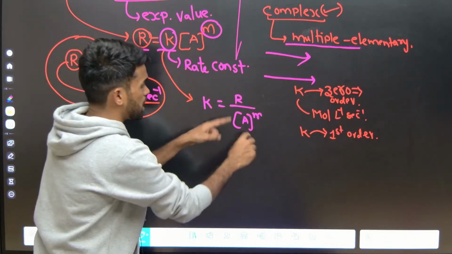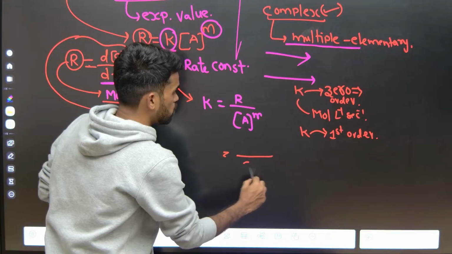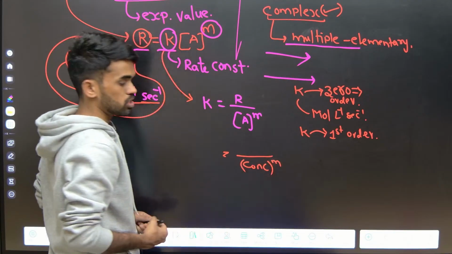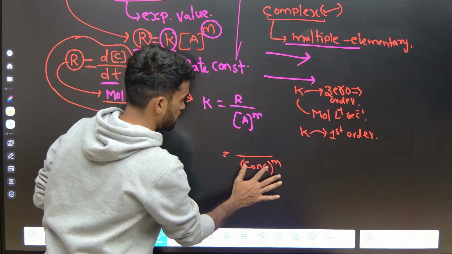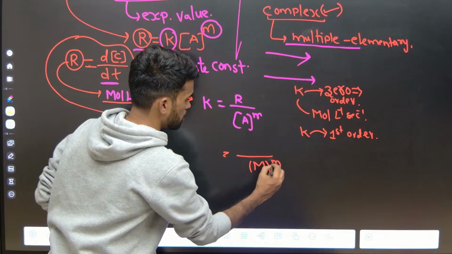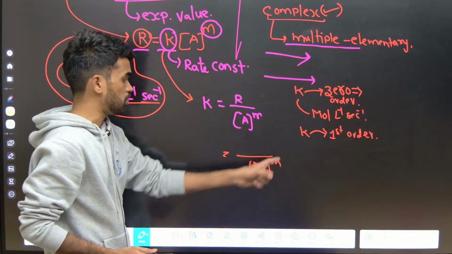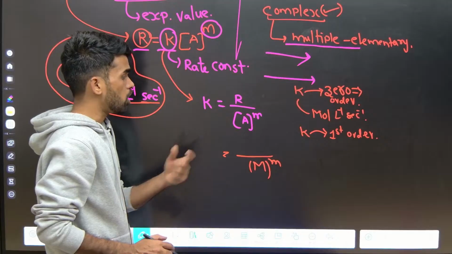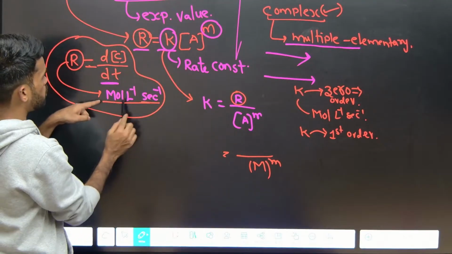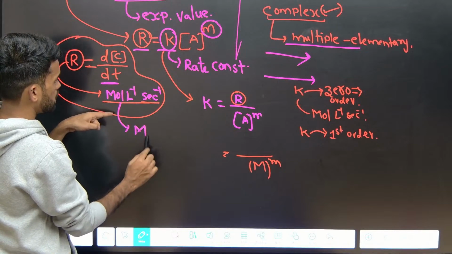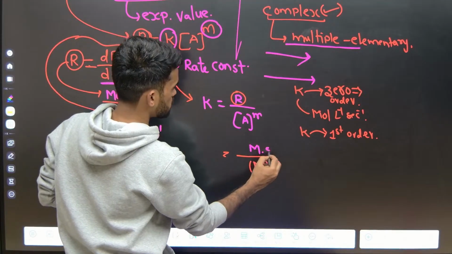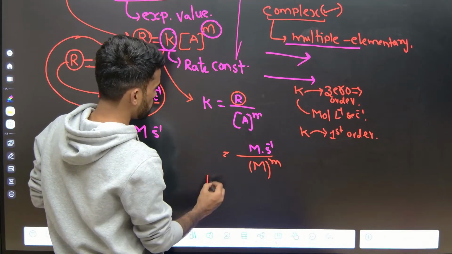The square bracket simply indicates concentration, that is, molarity, indicated with capital M, to the power m. Capital M indicates molarity, and small m is the order of the reaction. The units of R we got are mole per liter per second, that is, molarity into second inverse. So finally, what are the units for K?